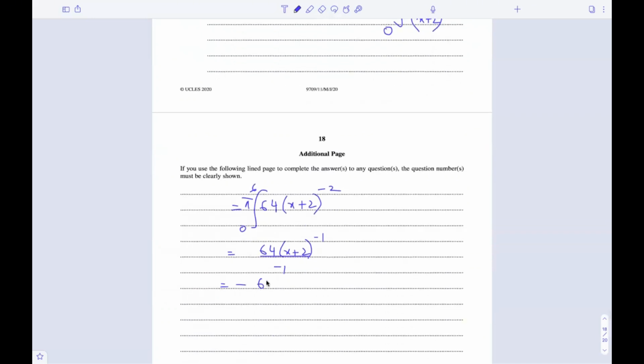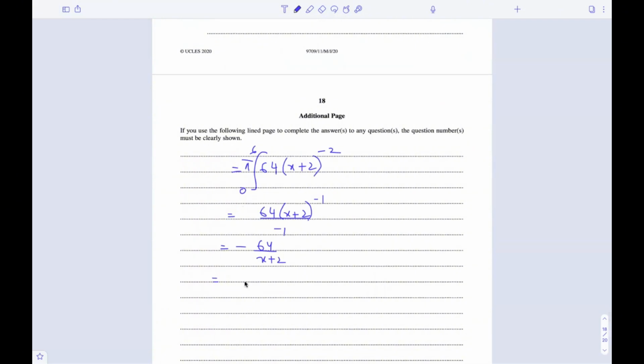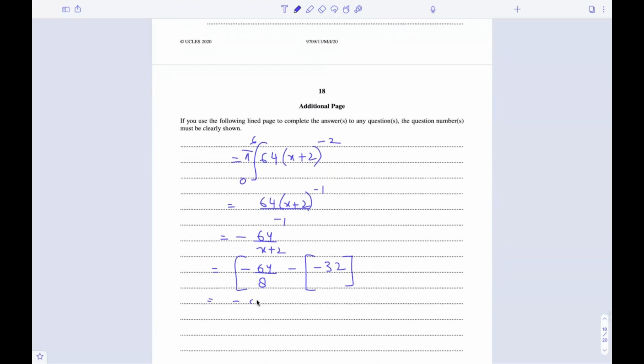So we have minus 64 upon x plus 2. Now substituting the upper limit, 6, we get minus 64 upon 6 plus 2, which is 8. Then substituting 0, we get minus 64 upon 0 plus 2, which is 2, so this will become minus 32. So this will become minus 8 plus 32, which is 24. And as pi was a constant, this will become 24 pi.